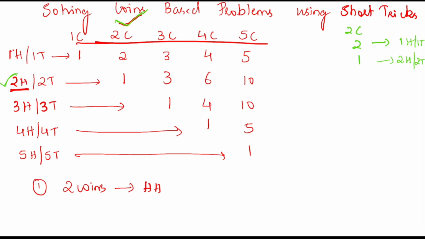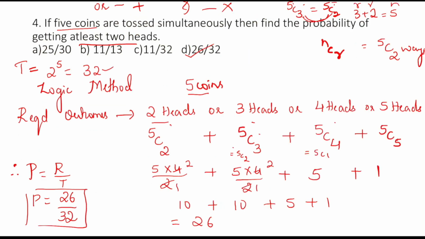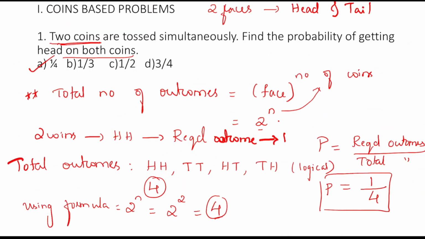So we know that we want 2 heads, so the required outcome will be 1. Probability is nothing but required outcome by total. Required outcome we got is 1. 1 divided by total outcomes, which is 2 raised to the number of coins. Number of coins is 2, so it is 1 by 4. Same answer we got, 1 by 4.